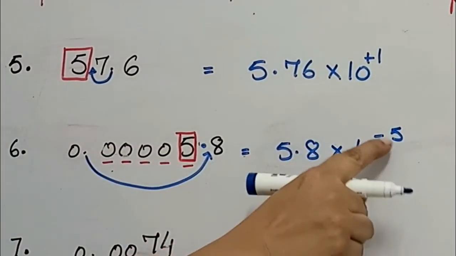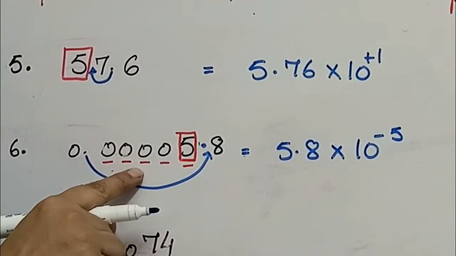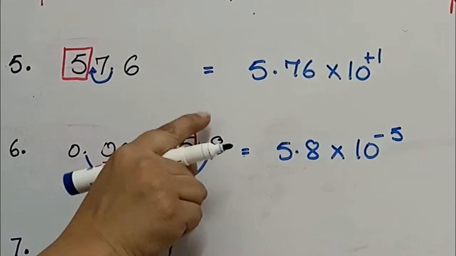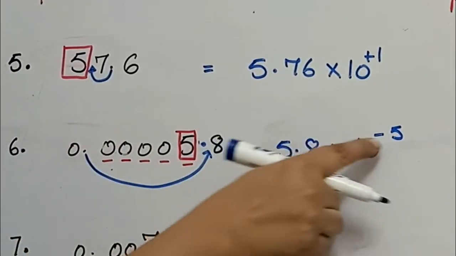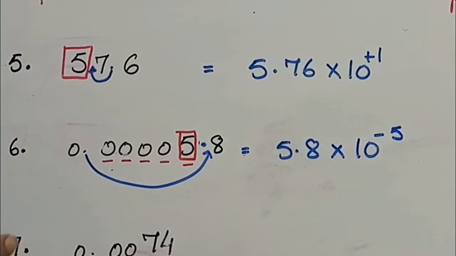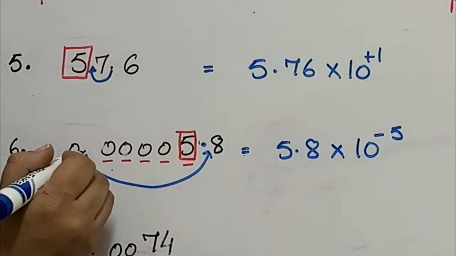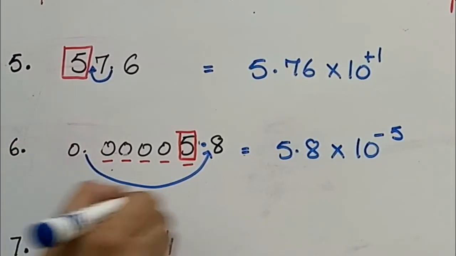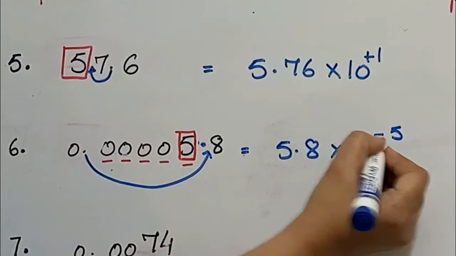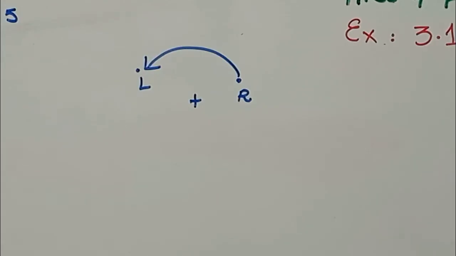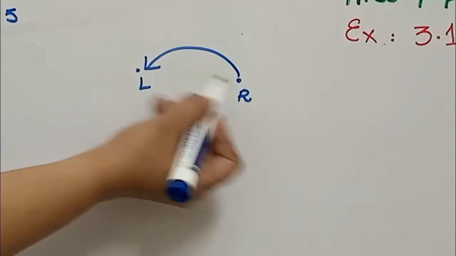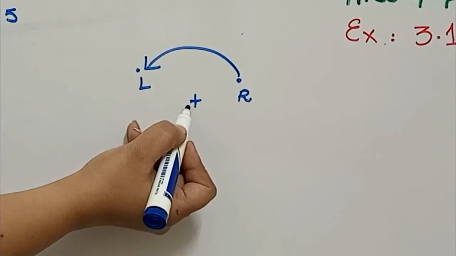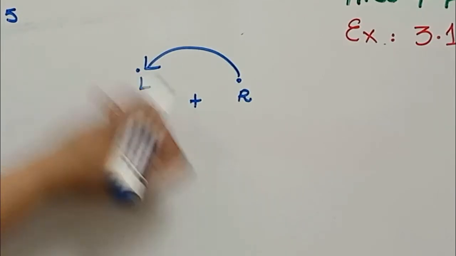That minus sign associates with the smallest number. As you see that this is the smaller number, so the minus sign will be coming over there. Or we can say that if we are moving the point from left to right, then the negative sign will be coming. If we are moving the point from right to left, then there will be a positive sign with the power.